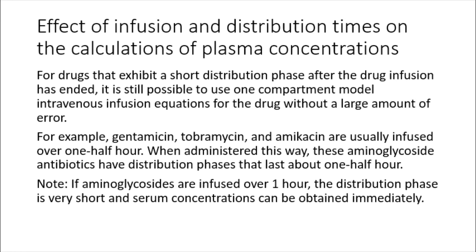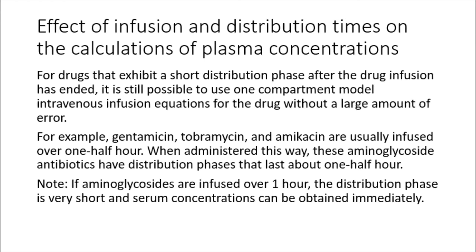For example, gentamicin, tobramycin, and amikacin are usually infused over one half hour, which means half an hour. When administered this way, these aminoglycoside antibiotics have a distribution phase that lasts about one half hour.